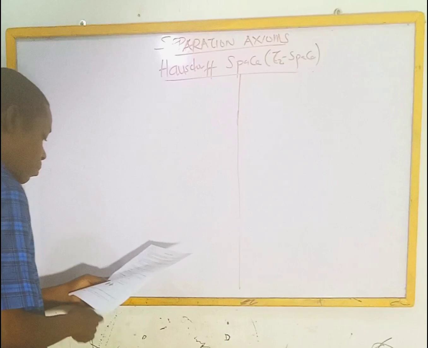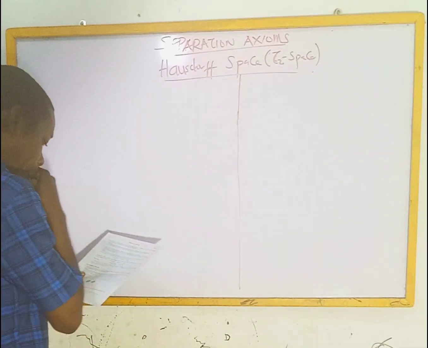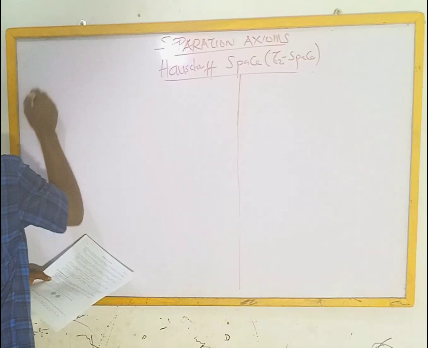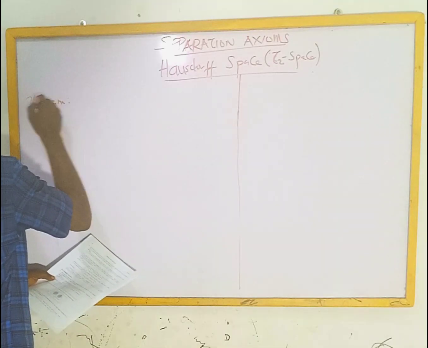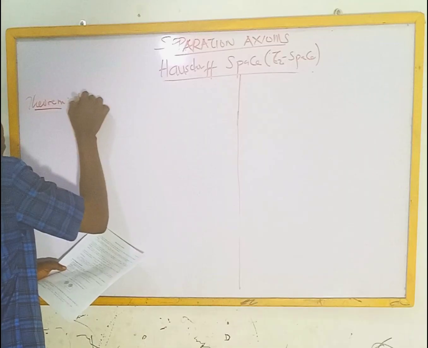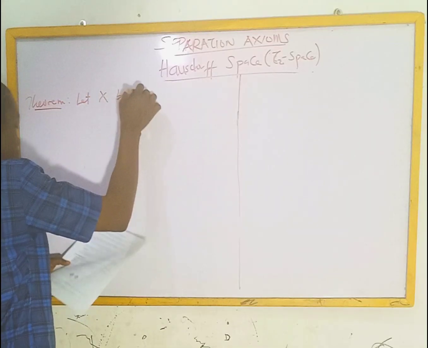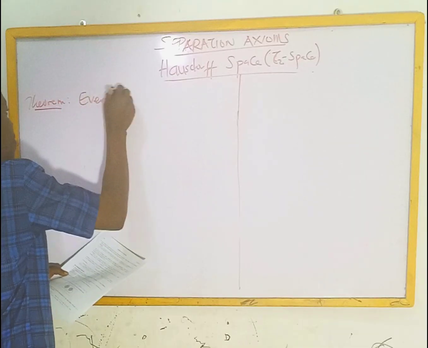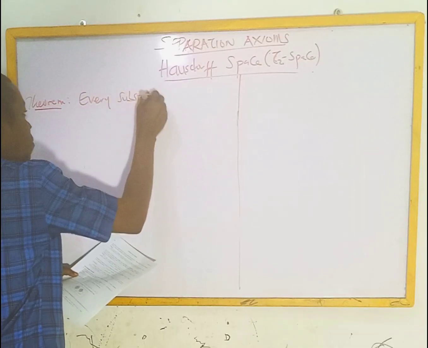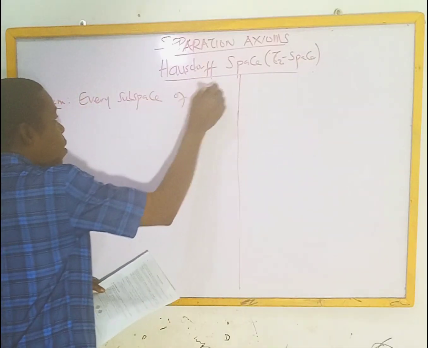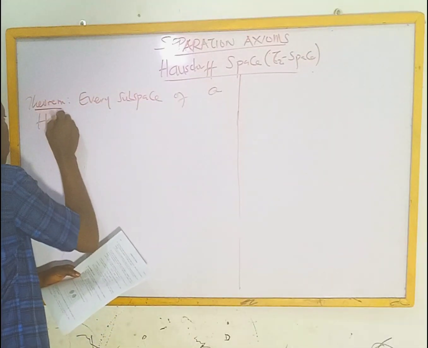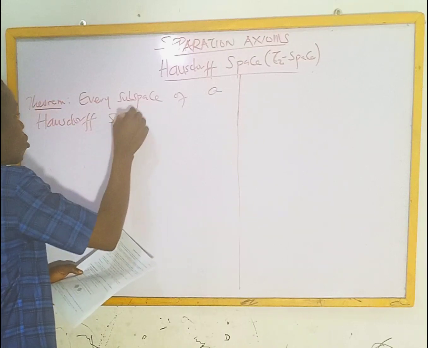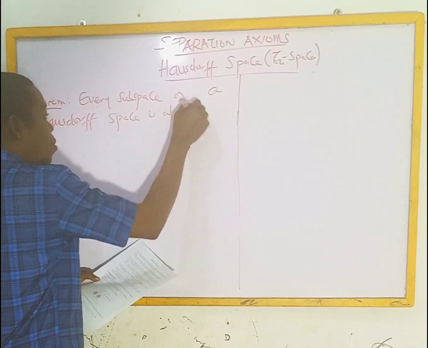Let me clear this so that you have enough space for me to explain it. The theorem says that every subspace of a Hausdorff space is also Hausdorff.